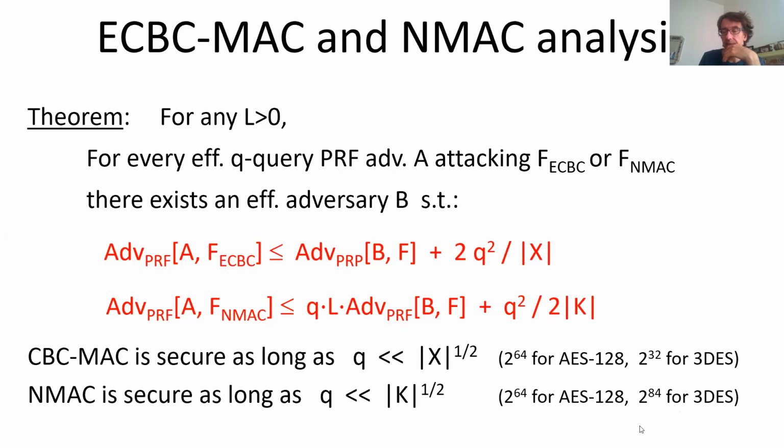And so half of that is 84, right? So these bounds perform very, very differently, and you get a very good bound for nested MAC essentially with triple DES.